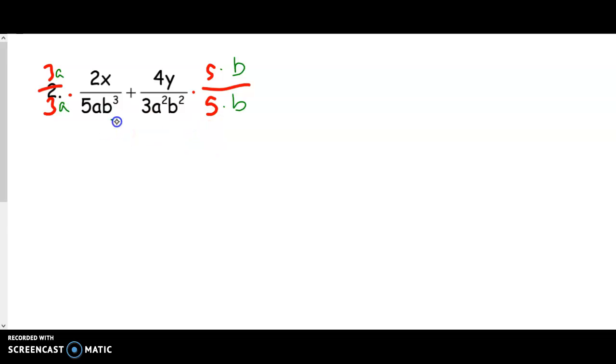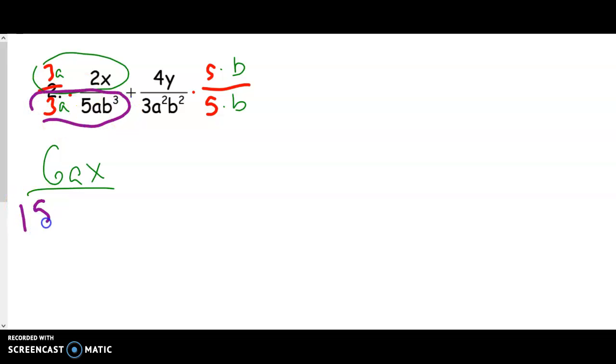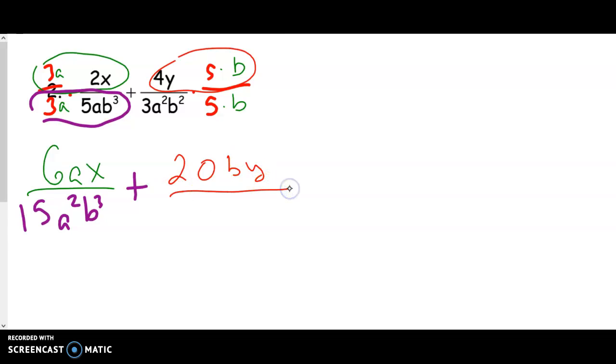So, let's leave that there. Clear this a little bit. All right, so let's see what's going to occur. Up top, this guy is 6ax. On the bottom, this is 15 a squared b cubed. Over here, that numerator is 20by. I'm just putting in alphabetical order, b before y.